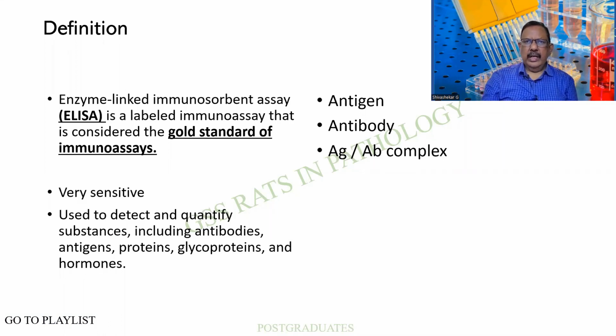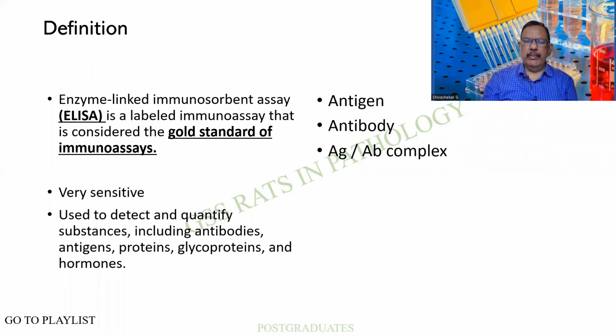It is a labeled immunoassay and is considered the gold standard of immunoassay. Assay means measurement, and there are some terms which we should be familiar with. Antigen. It is a substance which, when introduced into the body, leads to the production of antibodies. They should be specific.